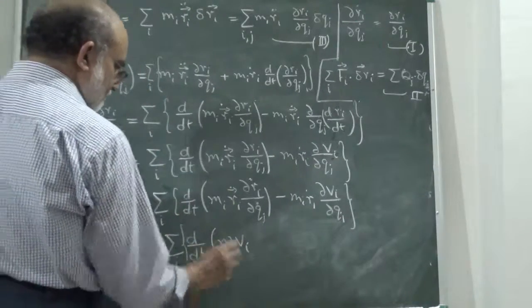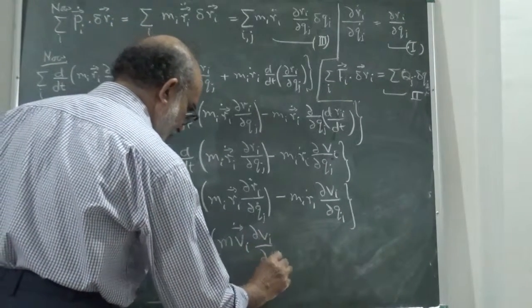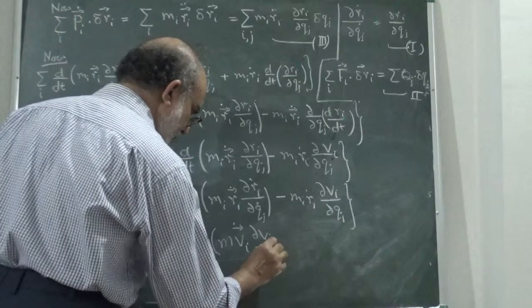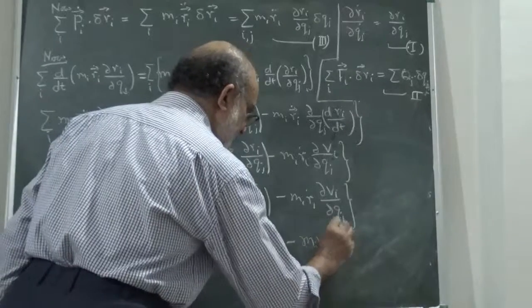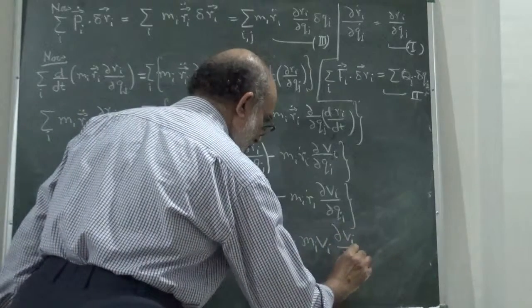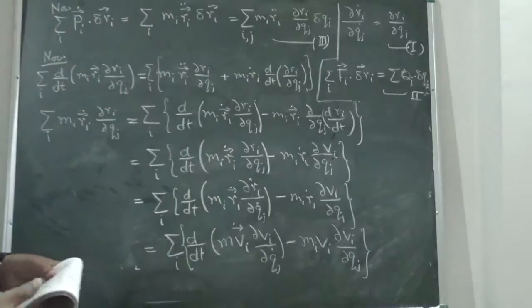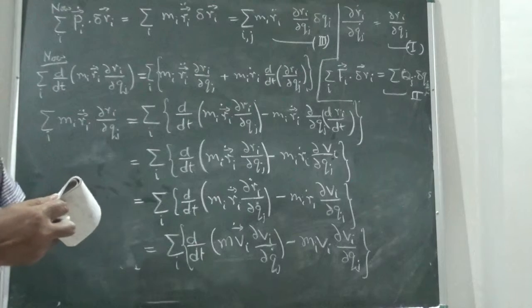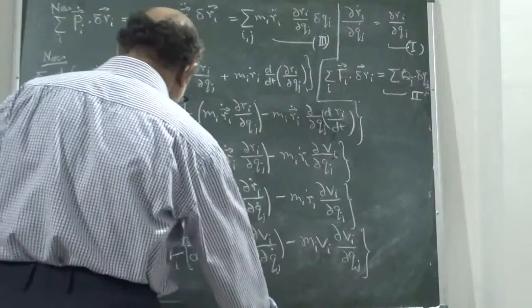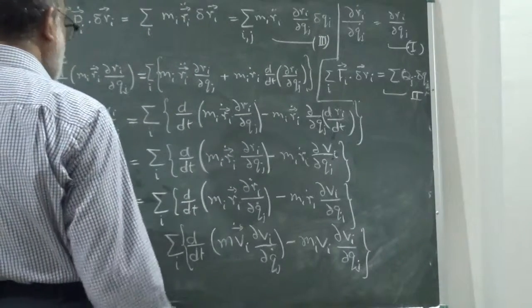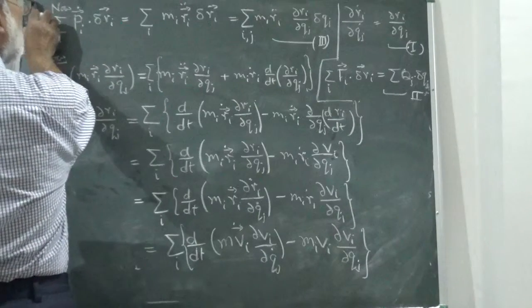Ri dot means vi, and this is dvi by dqj. Okay. So plugging from this side.